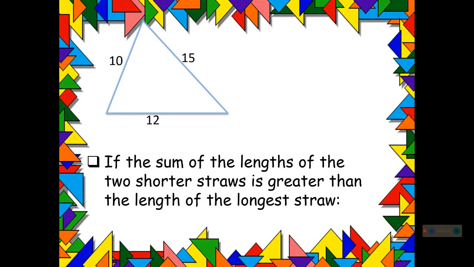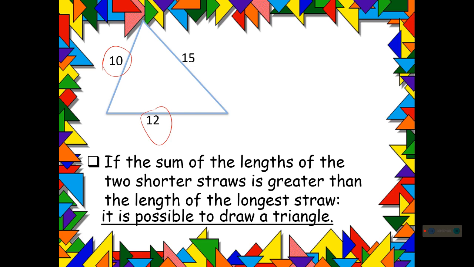Next, if the sum of the lengths of the two shorter straws is greater than the length of the longest straw, so we have here the two shorter straws are 10 and 12, what will happen? That's correct. It is possible to draw a triangle. Any question?